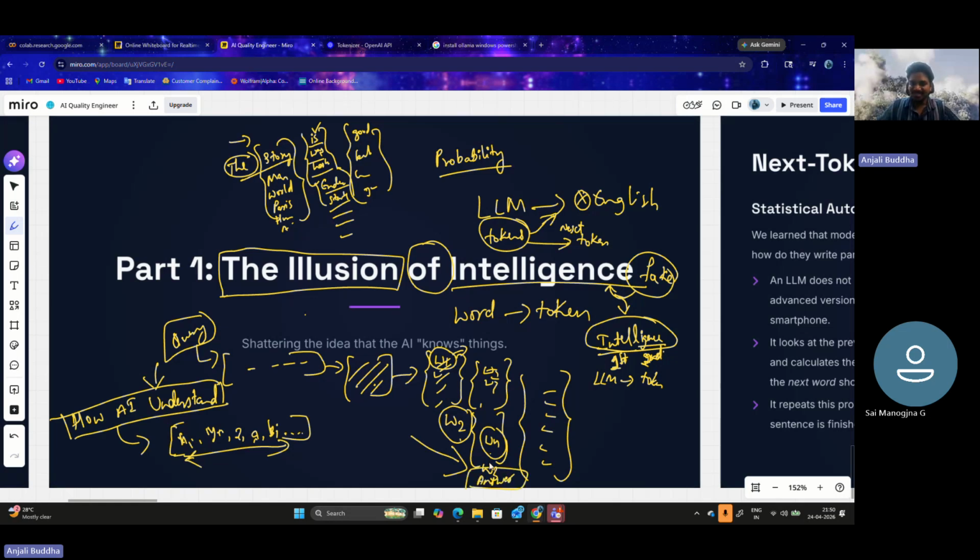As said, even deep learning models and a few complex machine learning models are black box models. We don't know how internally it works. If it answers a particular question, we don't know how that answer came in, what pattern or formula was applied. And these large language models are definitely black box models because they are part of deep learning models, right?